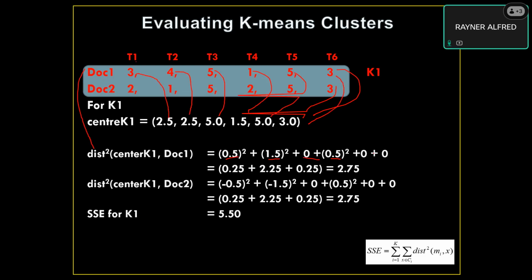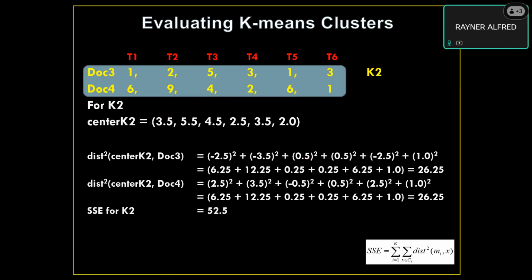So we take the square and sum up the values here. We do the same for document number 2. Then we get 2.75, so the value will be 5.5. This is only for cluster 1.